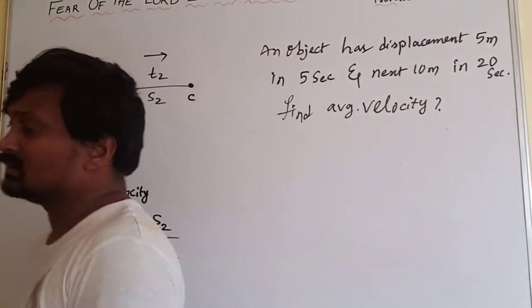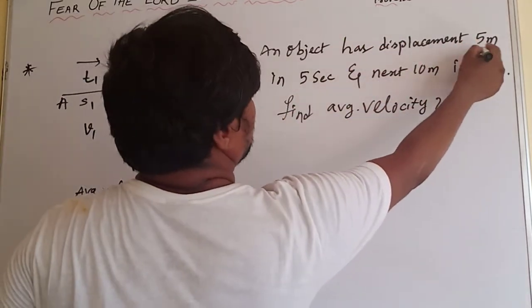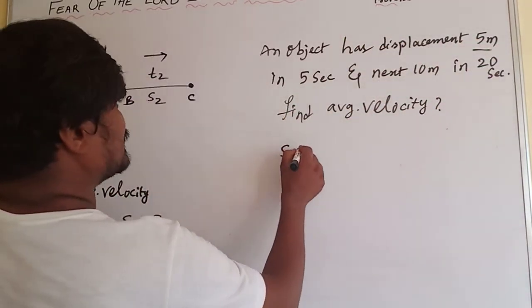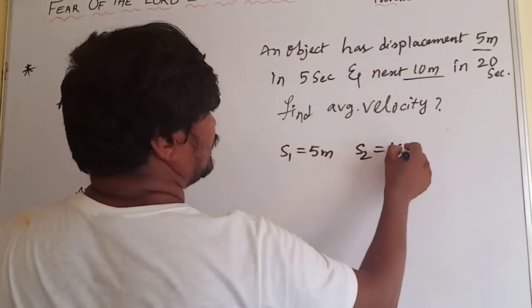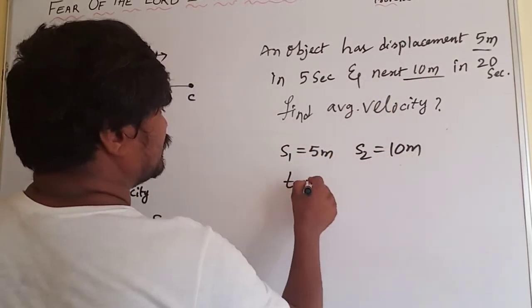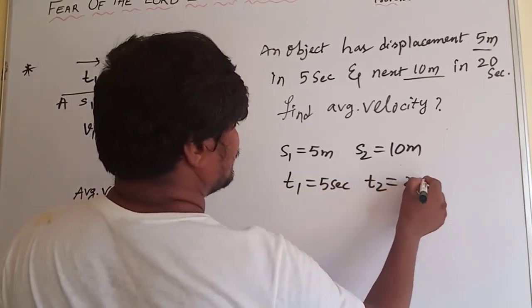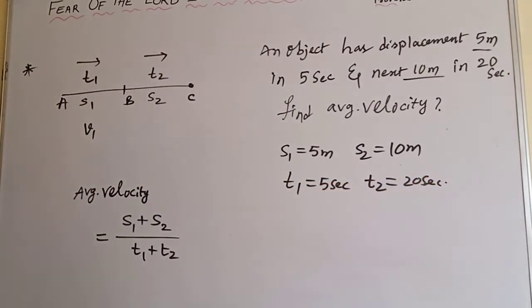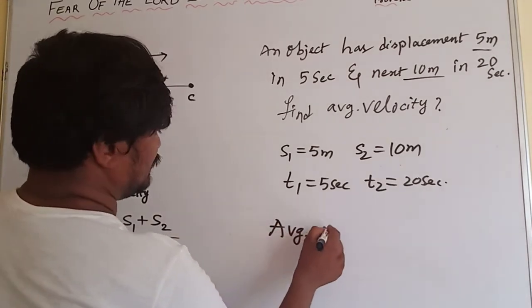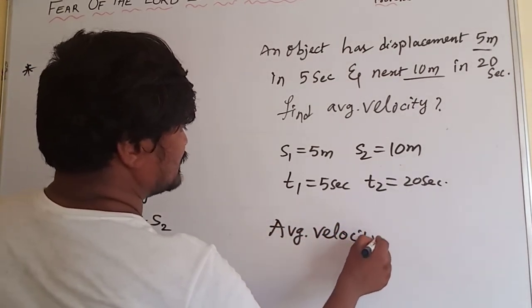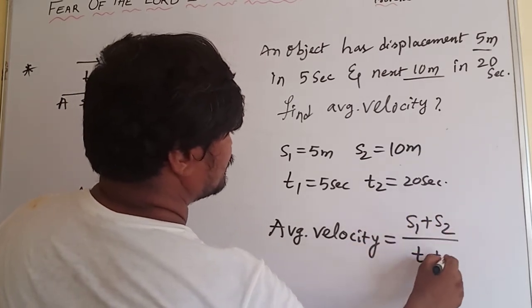If they have given this, then what do we need to do here? All the things are already given. S1 is equal to 5 meters, S2 is equal to 10 meters, T1 is equal to 5 seconds, T2 is 20 seconds. Then how to solve this? Very simple. Directly use the formula: average velocity is equal to S1 plus S2 upon T1 plus T2.